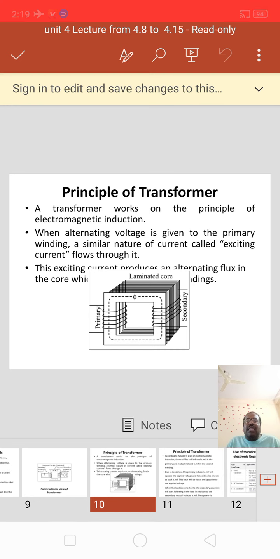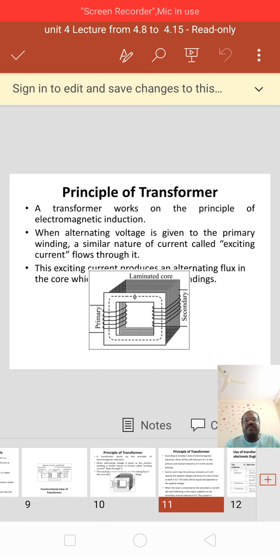When alternating voltage is given to the primary winding, a similar nature of current called exciting current flows through it. This exciting current produces an alternating flux in the core. In the surroundings, that is laminated core, primary winding, secondary winding.